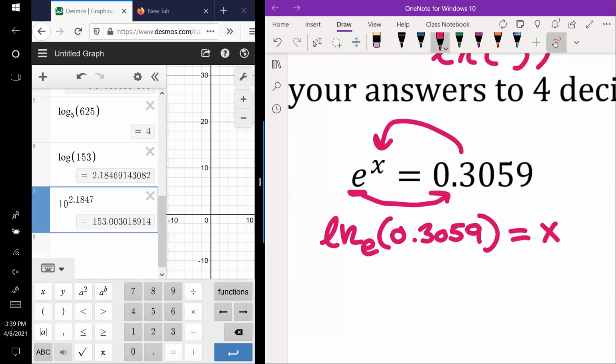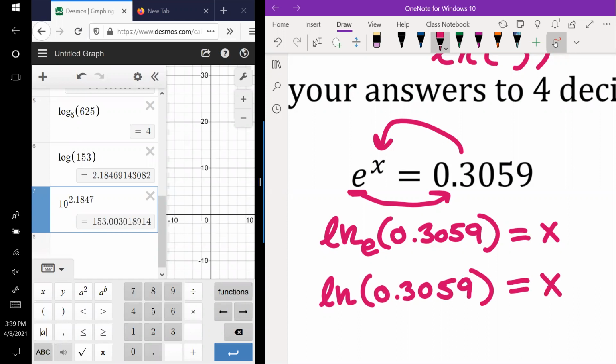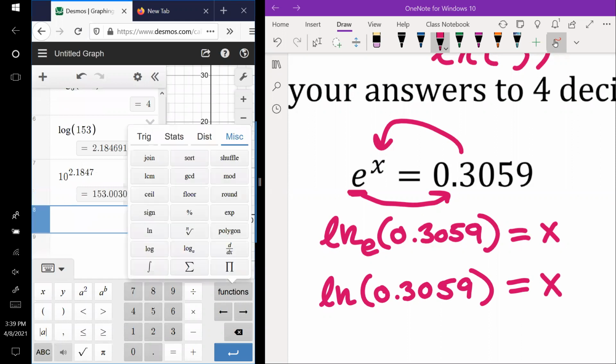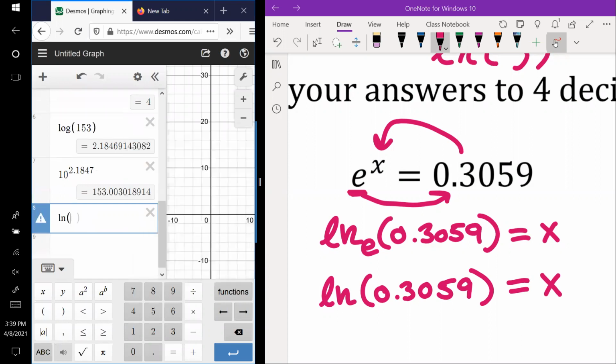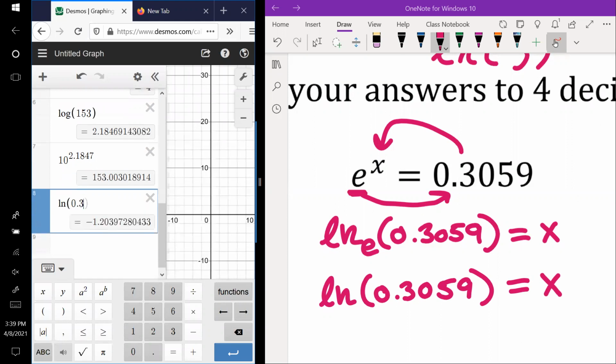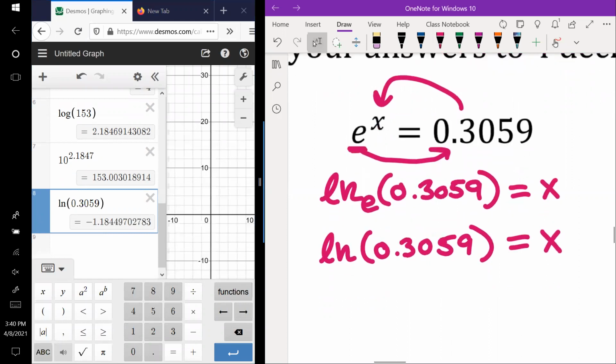And just like the last one, where we had the common log, this is the natural log, and we know that the base of the natural log is e. So we can just rewrite this as the natural log of 0.3059. And all we have to do is calculate. So natural log 0.3059, and done. You get negative 1.1845.